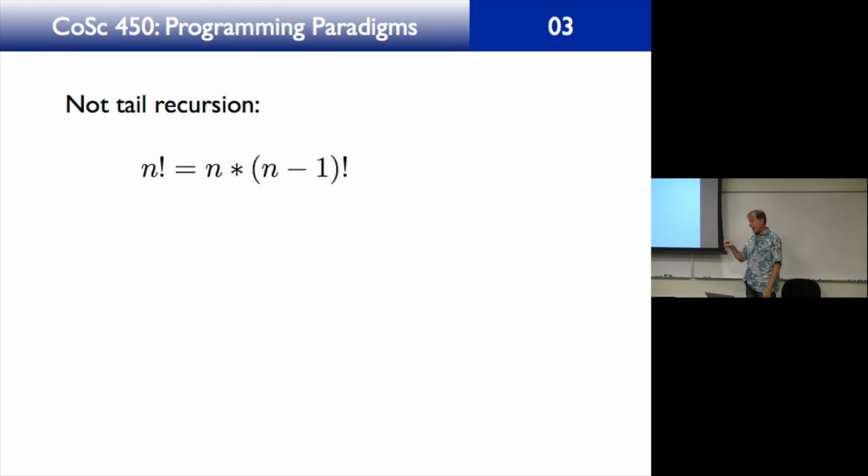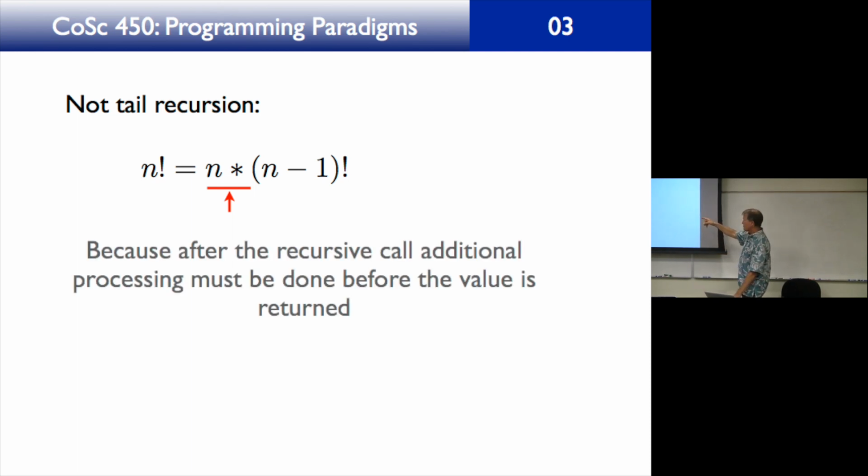Yes, exactly. After the recursive call, if it has to do some more computation, then it's not tail recursive. The example that we gave was n factorial, n times n minus 1, and the reason it's not tail recursive is because after we call the n minus 1, we've got to multiply it times n.